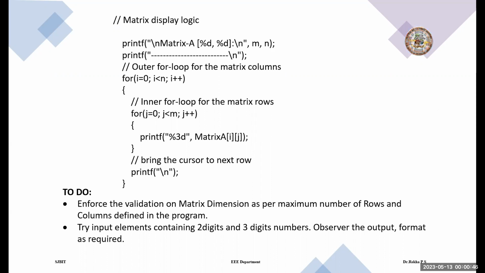Then one more: you can try input elements containing 2-digit and 3-digit numbers. Observe the output format as required. You can do these two for practice, and you become handy and comfortable in working on these kinds of programs.